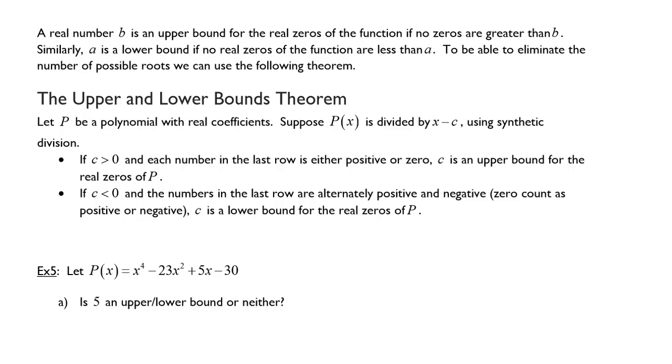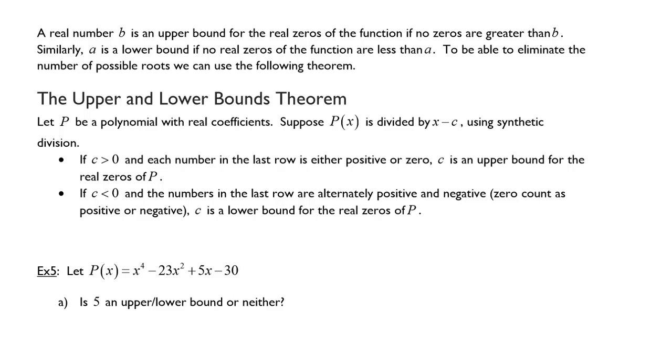Now remember, our whole goal with all these theorems is to be able to throw out some of the possible roots and only keep the ones that are most likely to work. If we let p be a polynomial with real coefficients, suppose p of x is divided by x minus c.